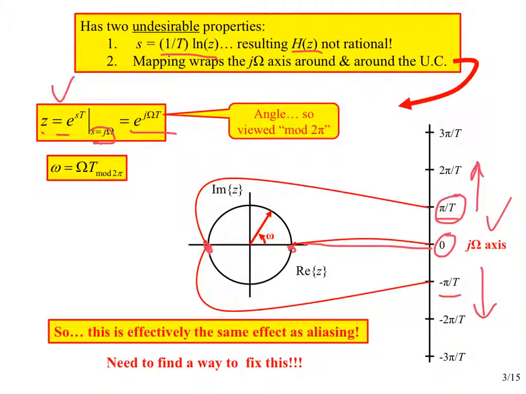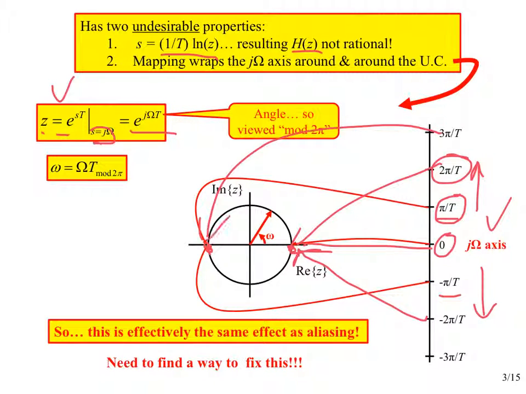But now when we go out to 2 pi over t, that's actually going to map back here. I didn't put those arrows on because I figured it would get a little too crowded on there. Minus pi over t maps to there. 3 pi over t maps to there. Minus 3 pi over t maps to there, and so on and so on. And so this becomes a wrapping.